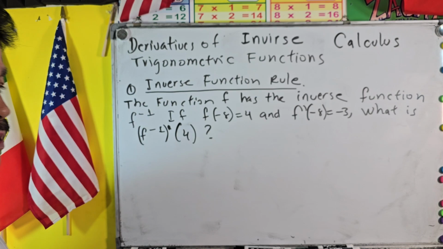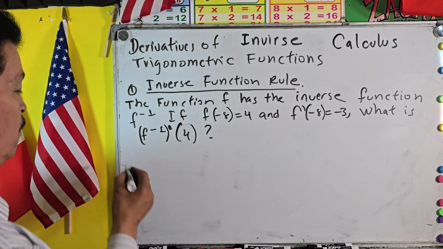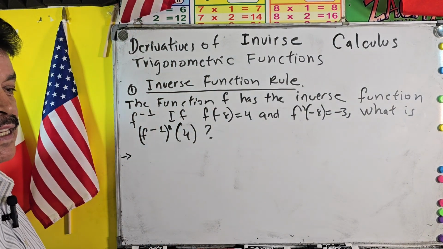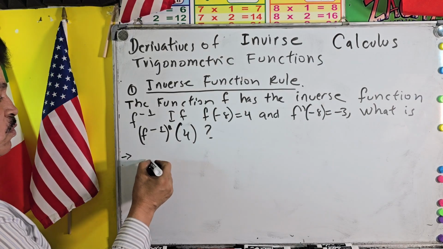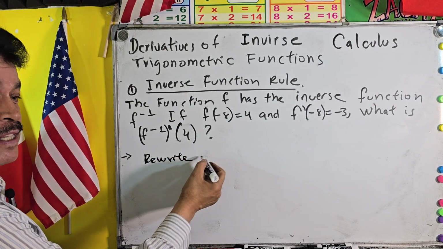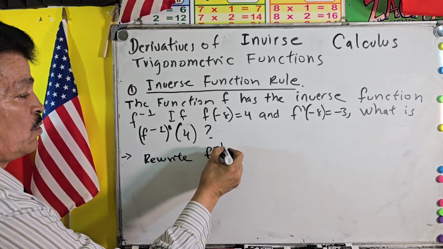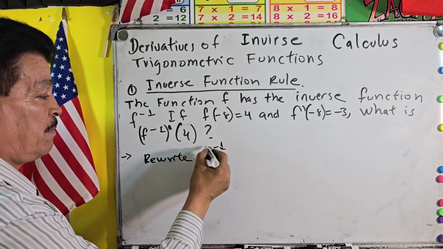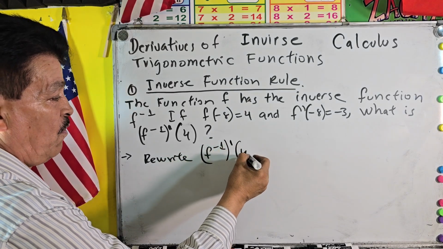Let's write the problem here. We have this data, so we have to rewrite: f to the -1 prime of 4.